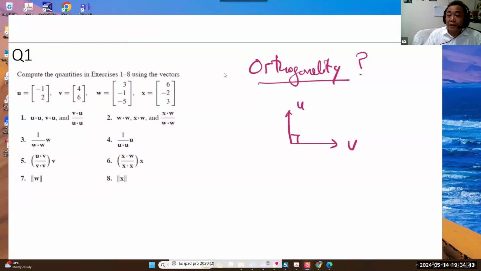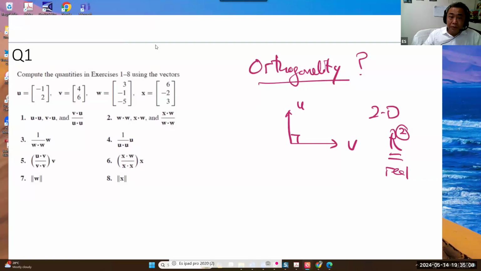If they are at right angle to each other, we say that vector u is orthogonal to vector v. And of course, this is in 2 dimensions, and in our case, we call this R2. The letter R stands for the real numbers, and here 2 indicates that it is the 2 dimensions that we are interested in.